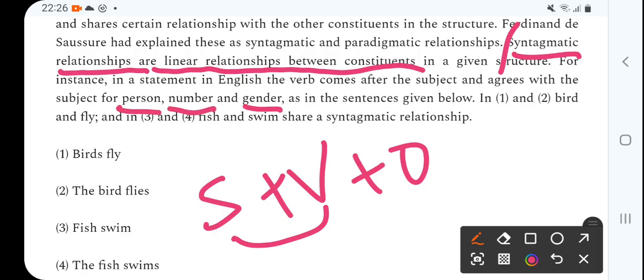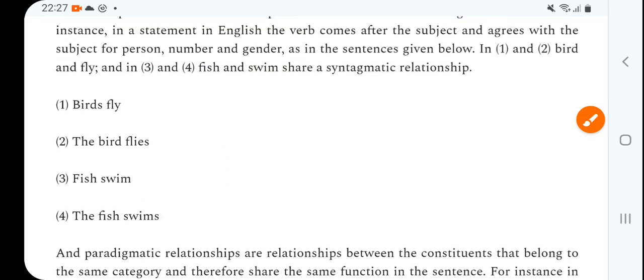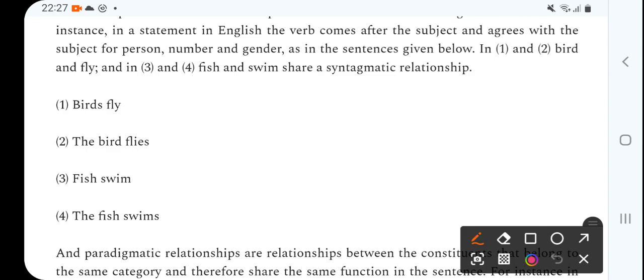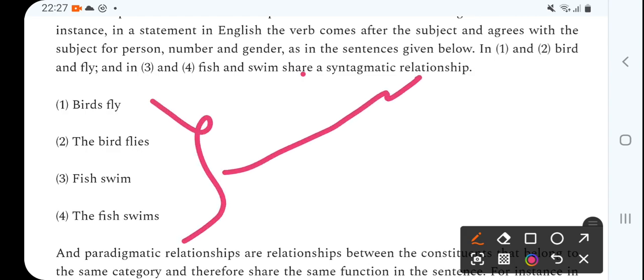Another example I'm giving you. They have given the example in the sentences given below, first and second, and third and fourth. These all four are examples of syntagmatic relationship.